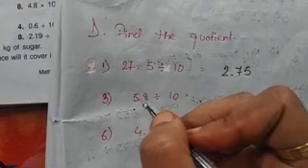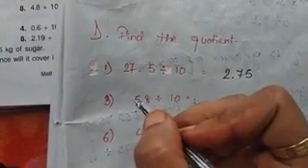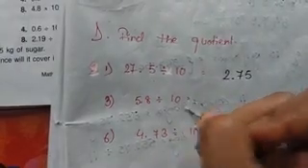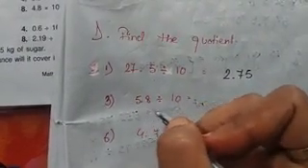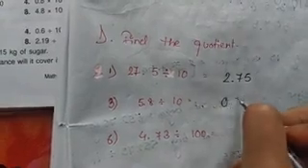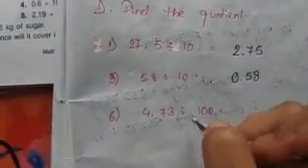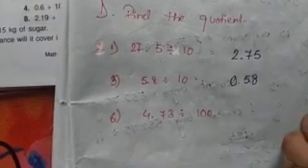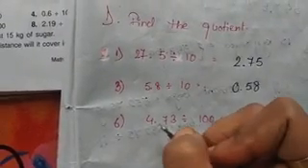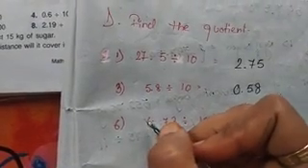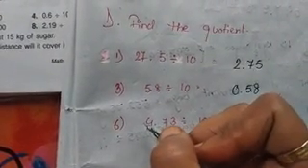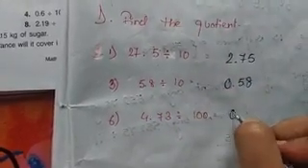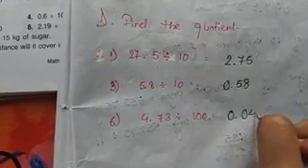Again you have to move the decimal point one place, as there is 1 zero in the divisor, one place to the left in the dividend. So 0.58. Now here are 2 zeros, so we have to move the decimal point 2 places to the left in the dividend. So here 0.0473.